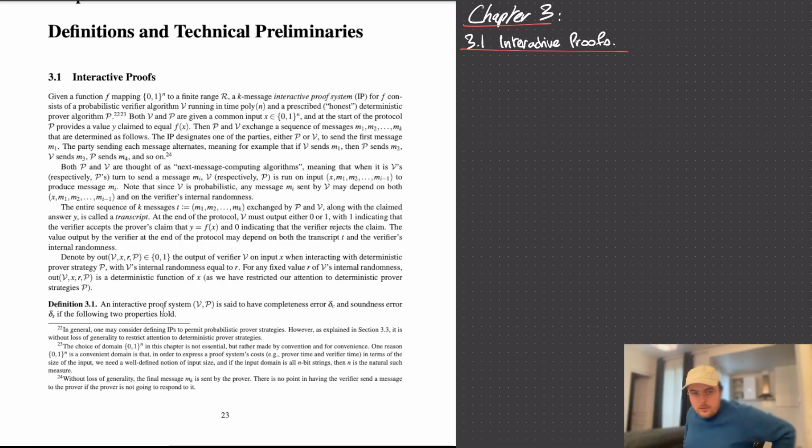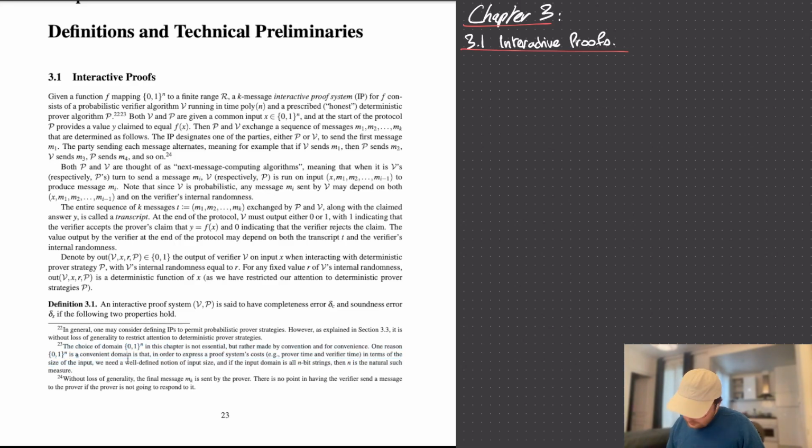Wow, this is a lot to take. So we have a function f. First, as they're saying here, the choice of the domain in this chapter is not essential but rather made by convention and for convenience.